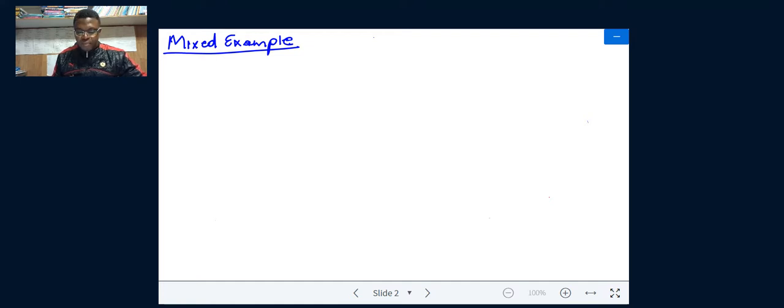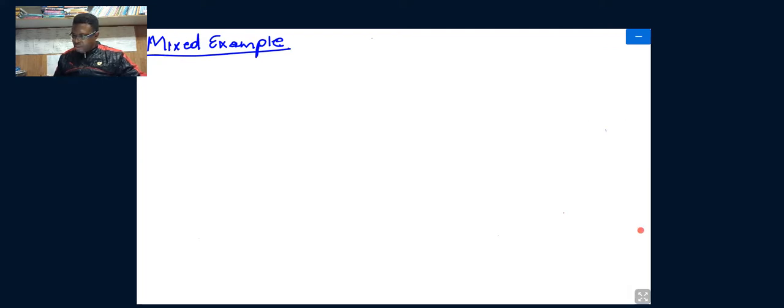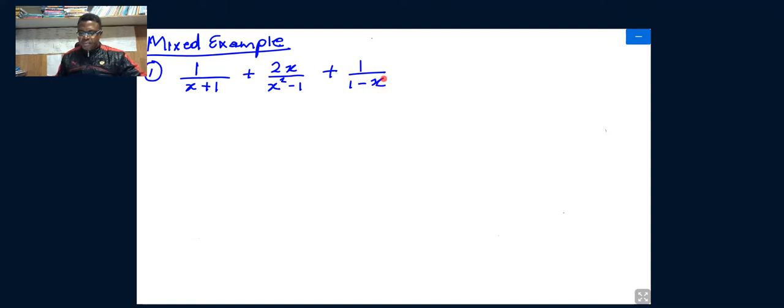We have 1 over x plus 1, this is a popular one, plus 2x over x squared minus 1 plus 1 over 1 minus x.